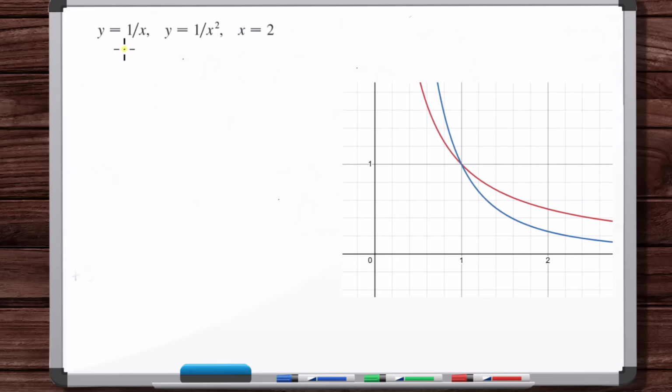Okay, so we want to find the area contained between the curves 1 over x and 1 over x squared, and x is equal to 2. The red curve is 1 over x, the blue curve is 1 over x squared, and then here is x is equal to 2. So we're looking for this area. All right. So can we just plug into the general formula going from a to b of f of x minus g of x dx?